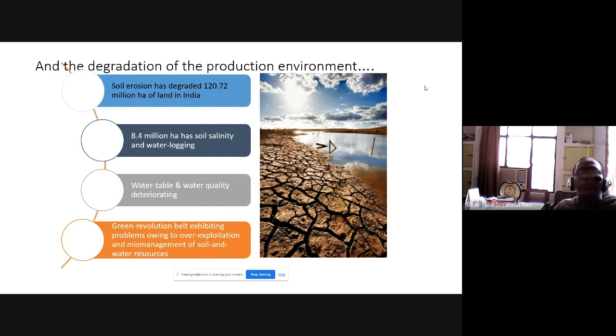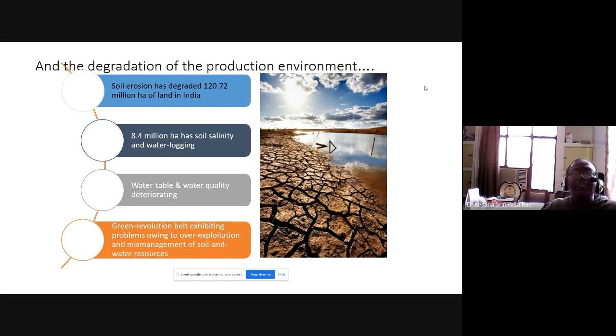The degradation of the production environment is due to pollution and the irrigation processes. The irrigation system is also collapsing, there is misutilization of irrigation facilities, and climatic conditions are also adversely influencing the nation as a whole.